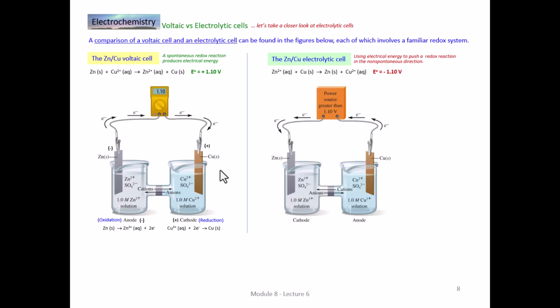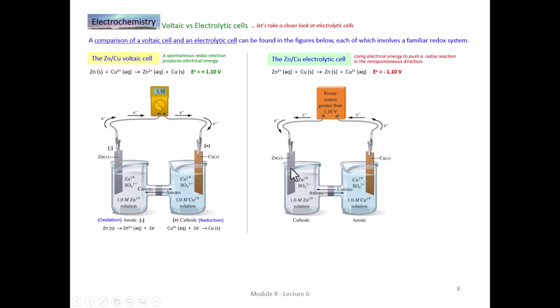On the right-hand side now we have a figure which is supposed to show the zinc-copper electrolytic cell. You'll notice that the beakers are still in the same place. We have the same solutions, 1 molar zinc sulfate on the left, 1 molar copper sulfate on the right.